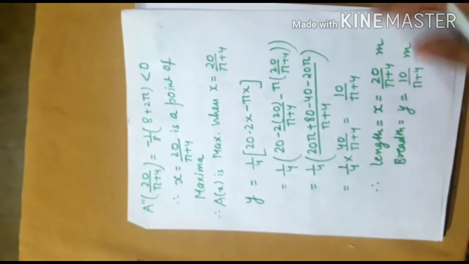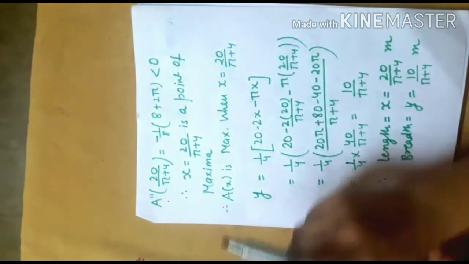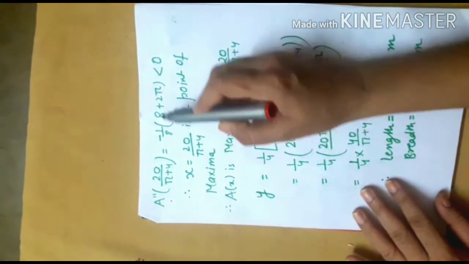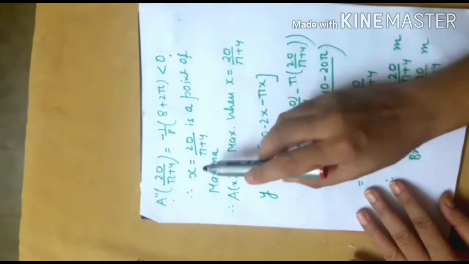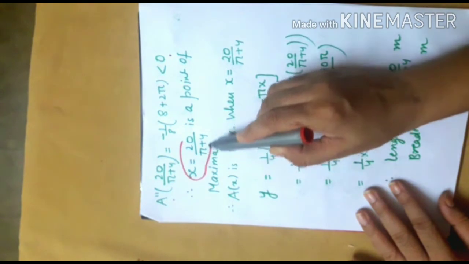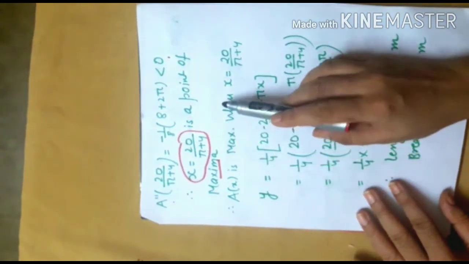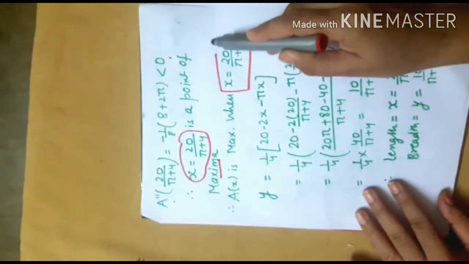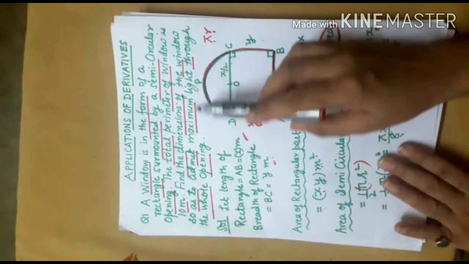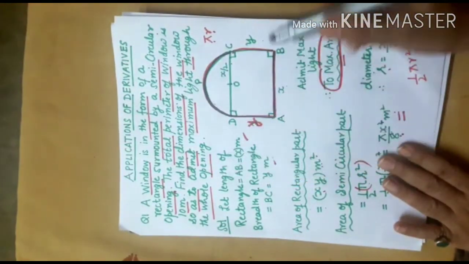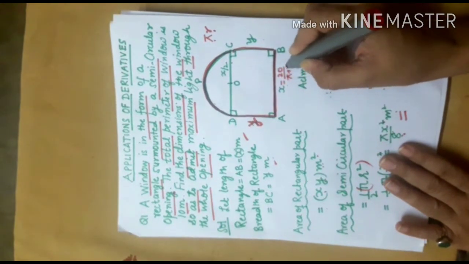So the value of the second order derivative at 20 over pi plus 4 will be minus 1 by 8 into 8 plus 2 pi, which is less than 0. So therefore this critical point is a point of maxima. So area is maximum when x is 20 over pi plus 4. So maximum light will enter through the whole opening when x is 20 over pi plus 4.